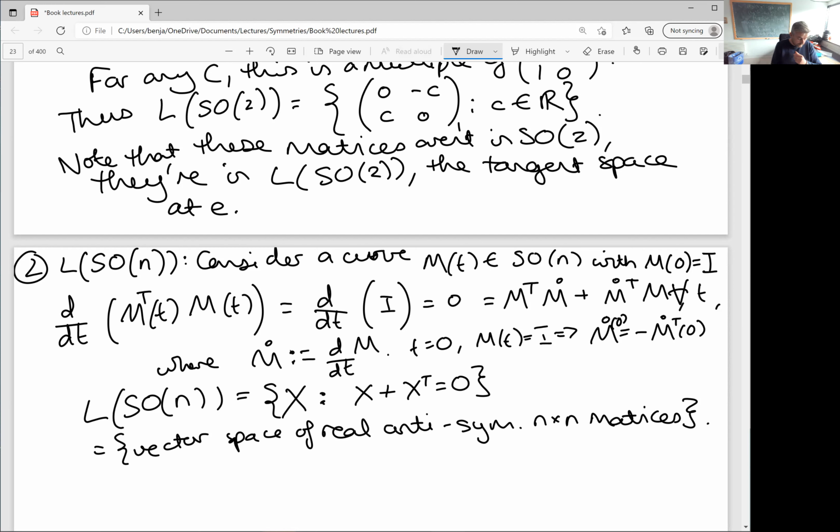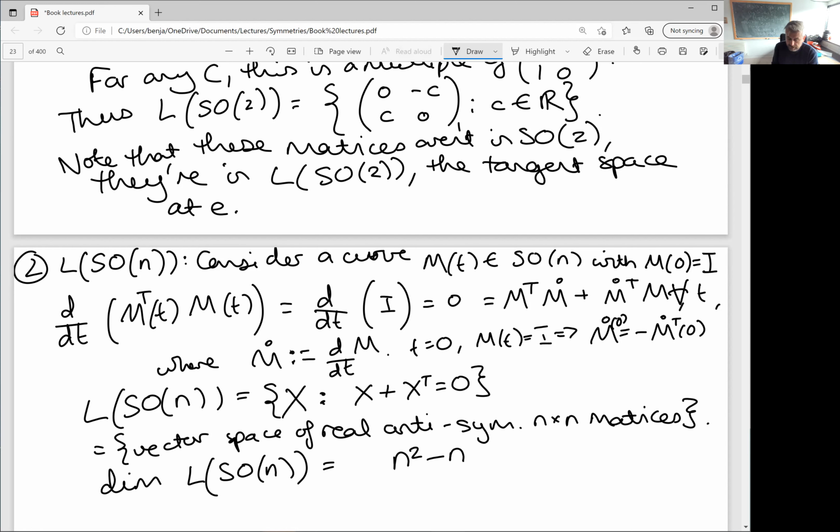Okay, so let's count the dimension of this Lie algebra. Well, we start with an n by n matrix for this Lie algebra with some constraints, and it's the antisymmetric constraint. So we start with n squared. Now, if you think about an antisymmetric matrix, its elements down the diagonal have to be 0, because they have to be equal to minus themselves.